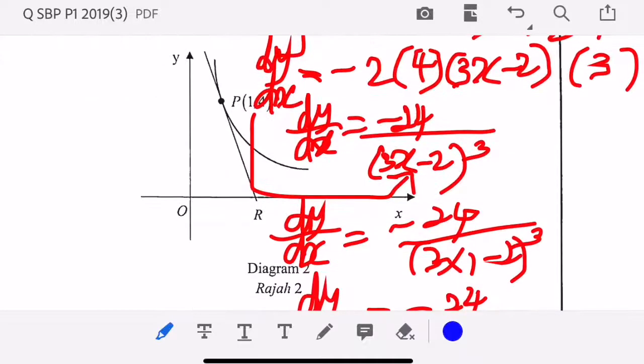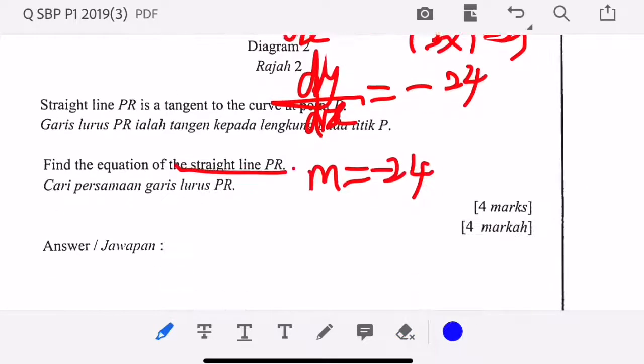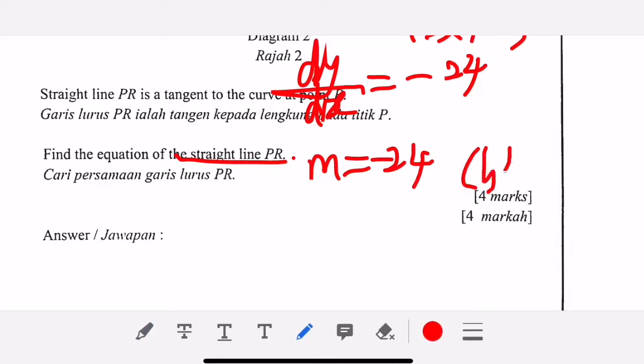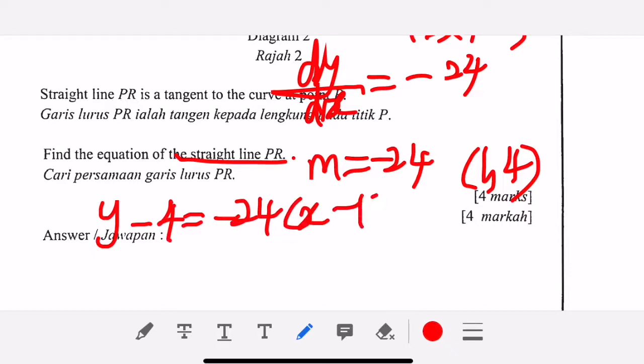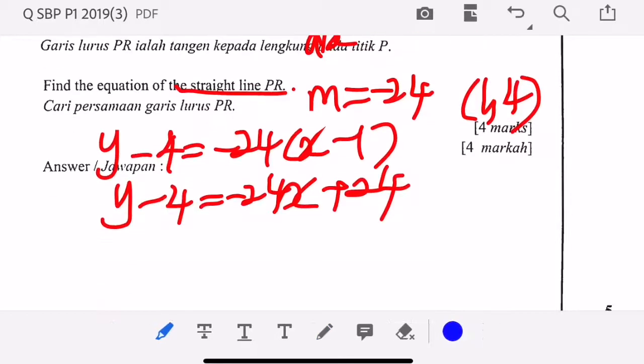After you find your c, you just rewrite your equation of the straight line. Remember, it's the same as what you do in your mathematics. I'm sure you have no problem, right? Okay, let's try to solve it now. I will use this method, y - y1 = m(x - x1), or you can use y = mx + c, the same.